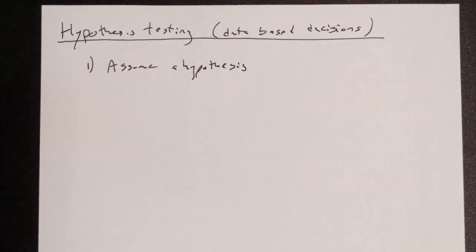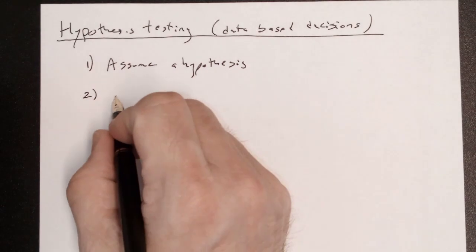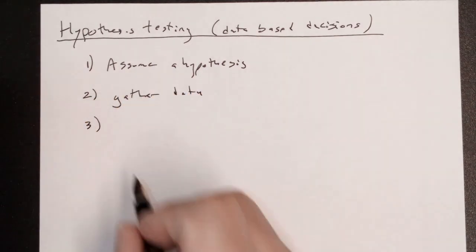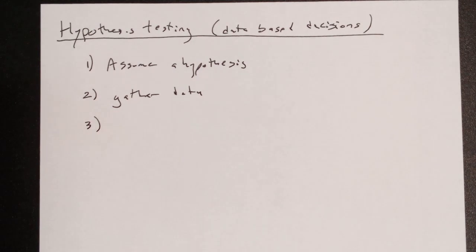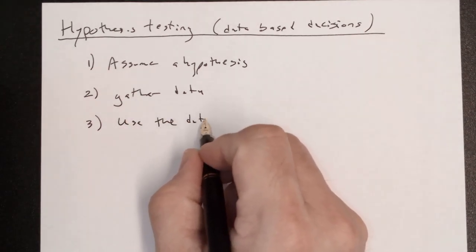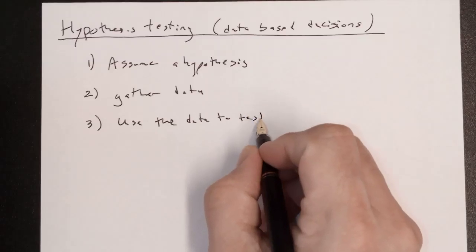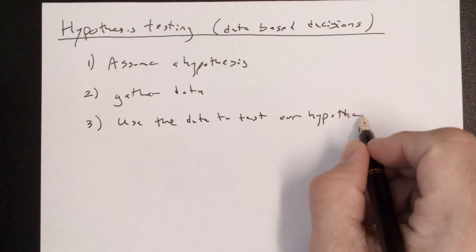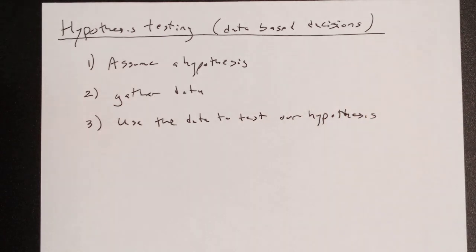I need to gather the data. I need to use that data to test the validity of my hypothesis. And either the data will support my hypothesis or it will not support my hypothesis.